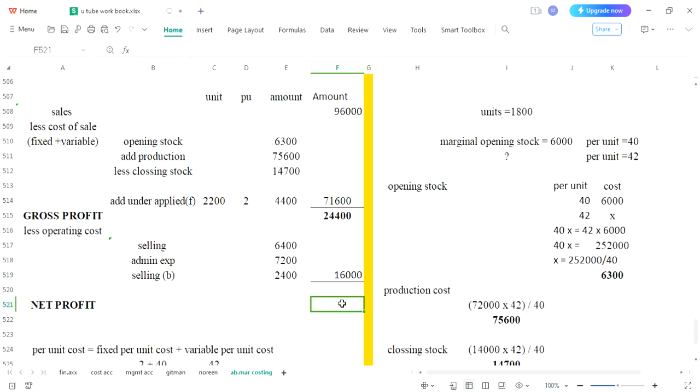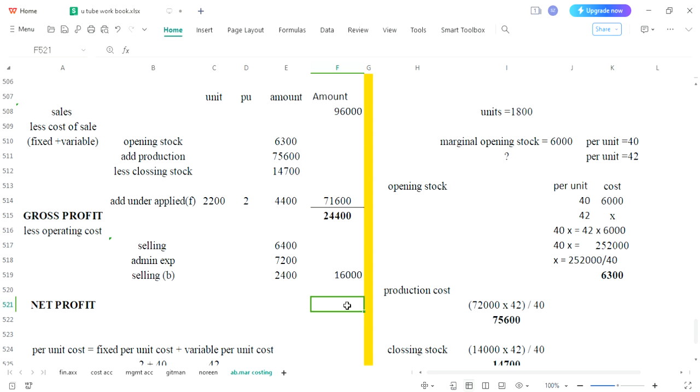So instead of putting the ending line over here, we can put the ending line just before net profit, and here you will see your net profit is going to be calculated. What we will do, we will subtract our operating cost from gross profit.